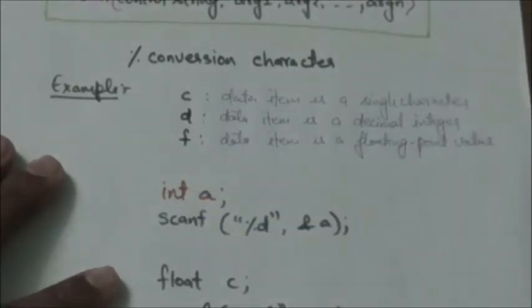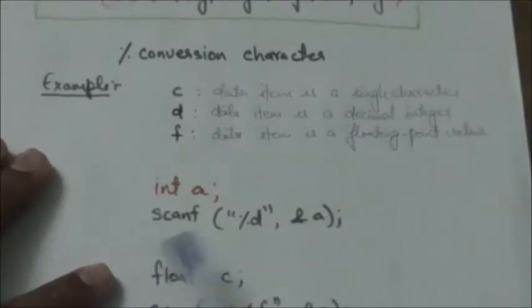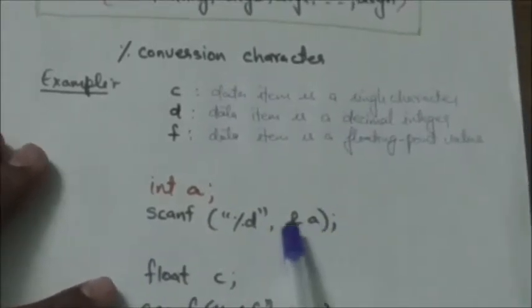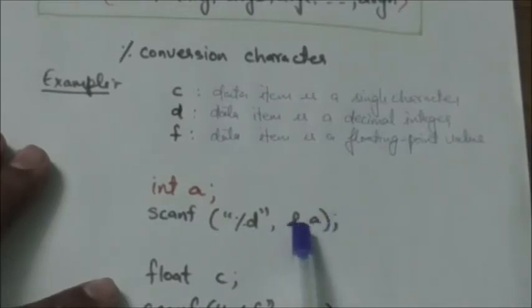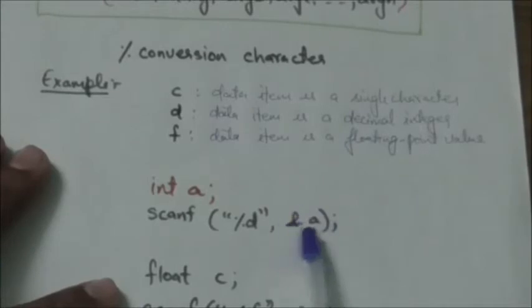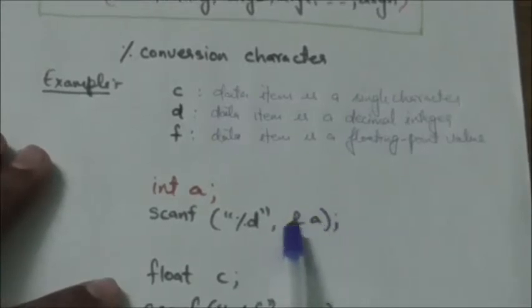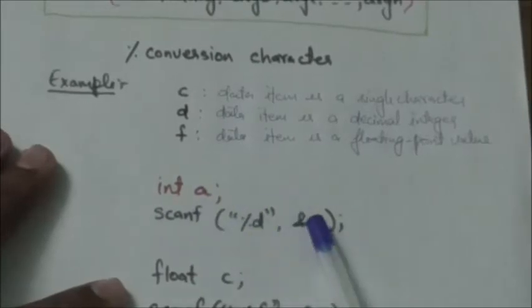So for that purpose here I have used this scanf function. Here is the argument of this scanf function, that is &a. So what is this &a? What is the value of this expression? The value of this expression is the memory address of this variable a.